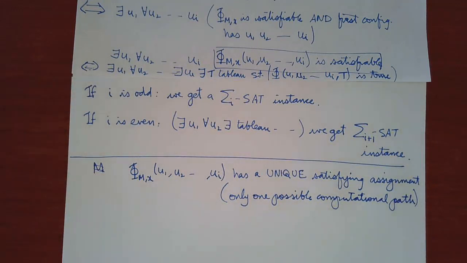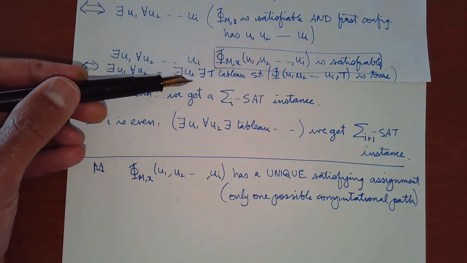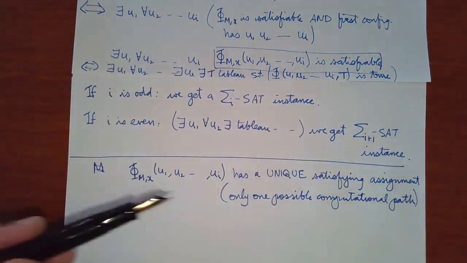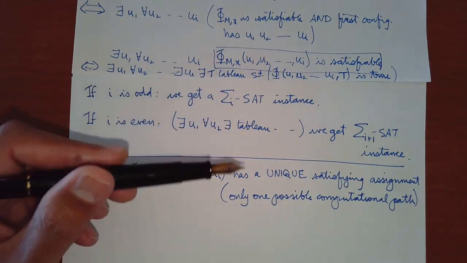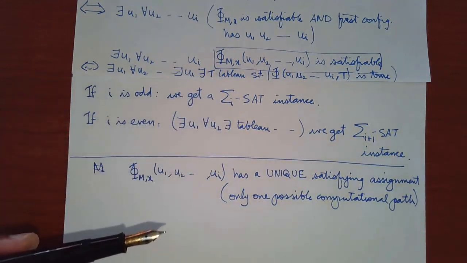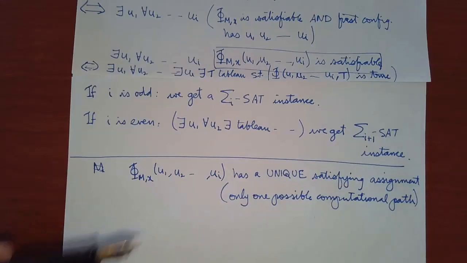So what you're doing is guessing the computational path and checking, is the computational path correct? But that's equivalent to saying for all computational paths, either the path is incorrect or it leads to an accepting state. Note that if it was non-deterministic, you can't say this. When it's non-deterministic, the machine could have computational paths that lead to a non-accepting state, a rejection. But when this is deterministic, that is not true.